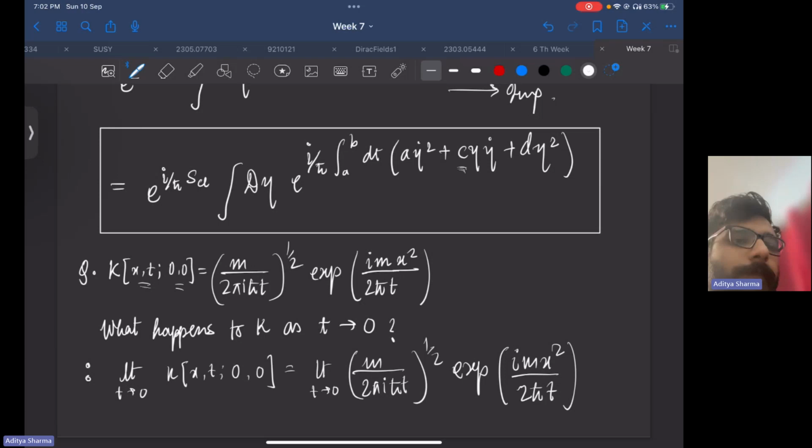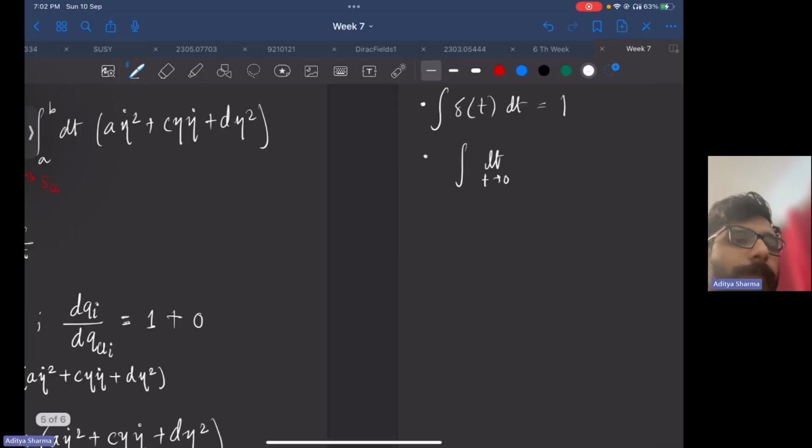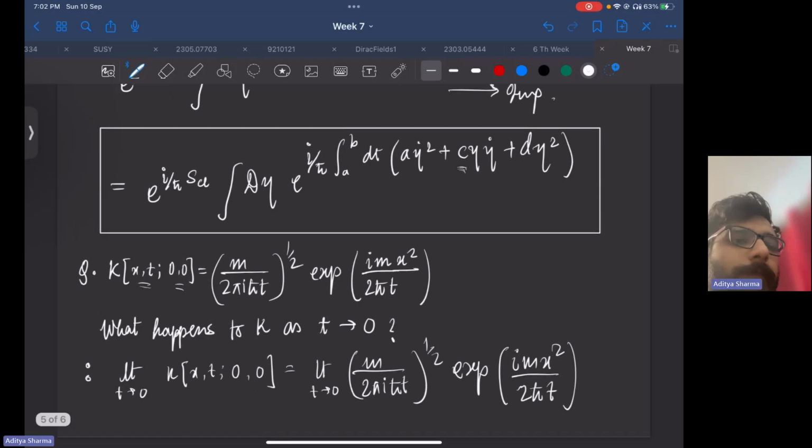So this expression is Dirac delta of t. But how do I know that it is Dirac delta of t? We'll have to show the property that the integral of Dirac delta of t dt would be 1. So we put the limit t tending to 0 of this expression inside the integral.